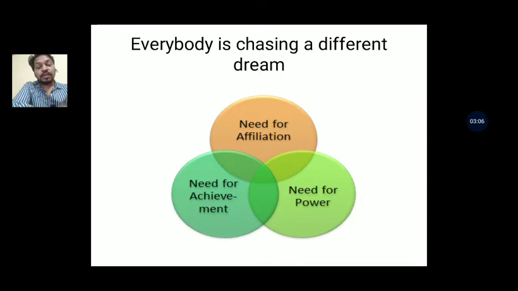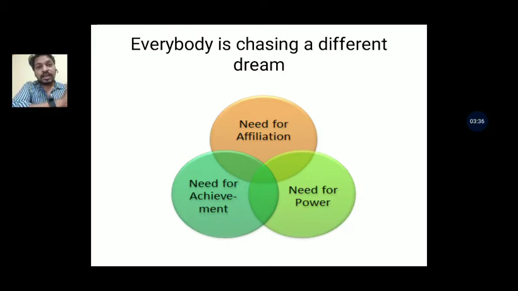For somebody who is highly achievement oriented, you have to give difficult, competitive targets, something that no one has done before. Then he will be motivated to work for you. Whereas somebody who needs power in life, you have to give responsibilities and new promotions. Otherwise, they will keep moving from one company to another. They will leave your company if you do not give them power.